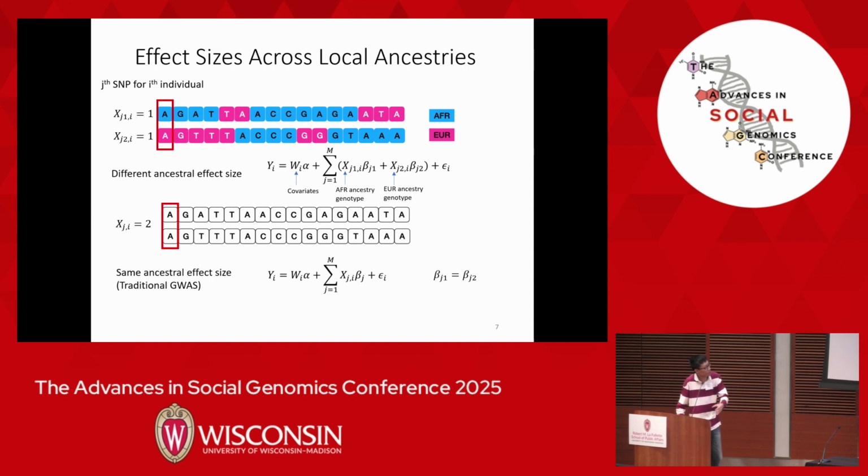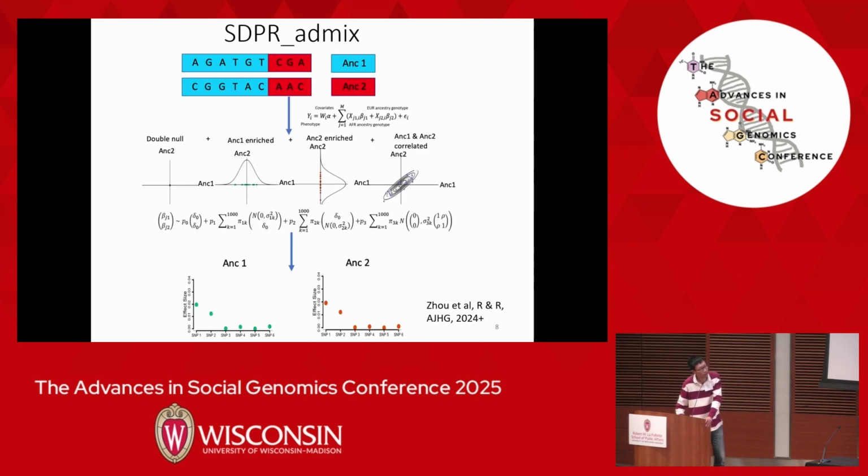In more traditional GWAS, you assume that those effects across ancestry are the same, so you only need to estimate one effect to derive the polygenic scores. And in our work, we propose a method called SDPR admix to really take these local ancestry into account.